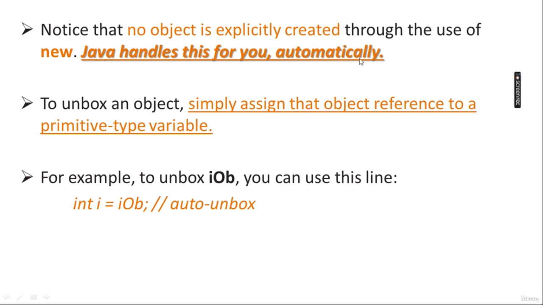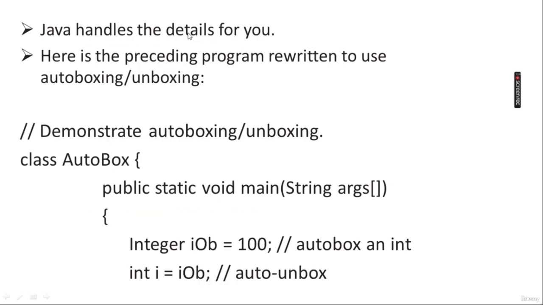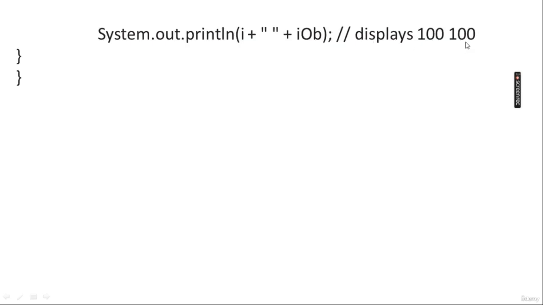Java handles this for you automatically. To unbox, simply assign that object reference to a primitive type variable: int i = iObject. Auto unbox. Now we will see the detailed example. Auto box an int, auto box an Integer value, auto unbox. Displays 100, 100.